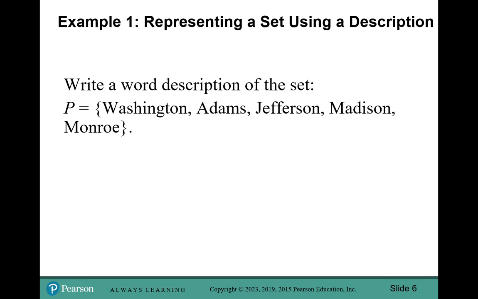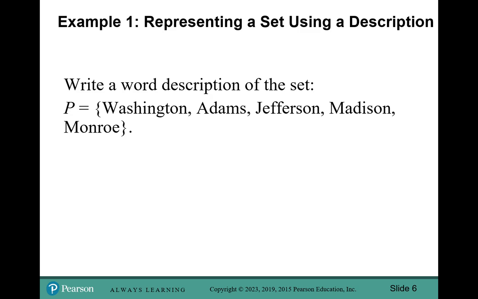Let's do another example. Example 1, representing a set using a description. Write a word description of this set. P equals, the members of the set are Washington, Adams, Jefferson, Madison, Monroe.